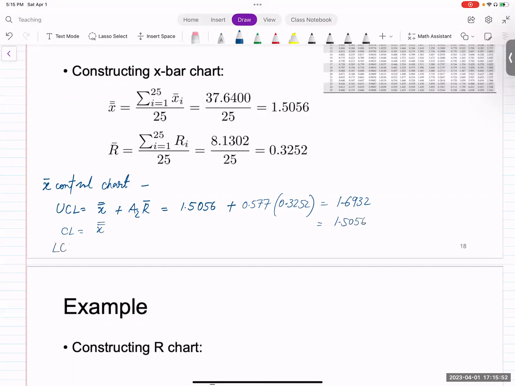And then your LCL is X double bar minus A2 times R bar. This will give you 1.3179. You can fill in the blank here: 1.5056 minus 0.577 times 0.3252. That's your control chart.